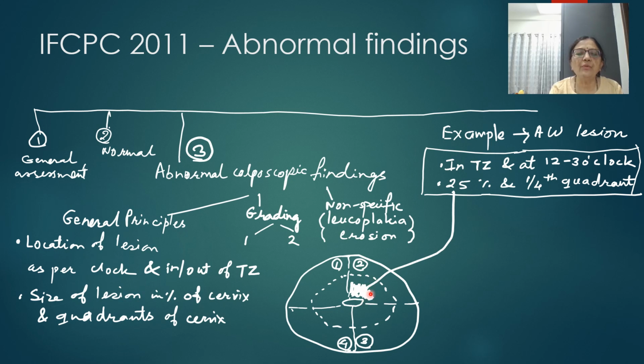If it were half, we would say 1/8 of the quadrant is affected, and so on. Or if it completely affects quadrant 1 and quadrant 2, then 2/4 quadrants have been affected by the acetowhite lesion. So this is how we should describe an abnormal finding, especially whenever there is an acetowhite lesion.